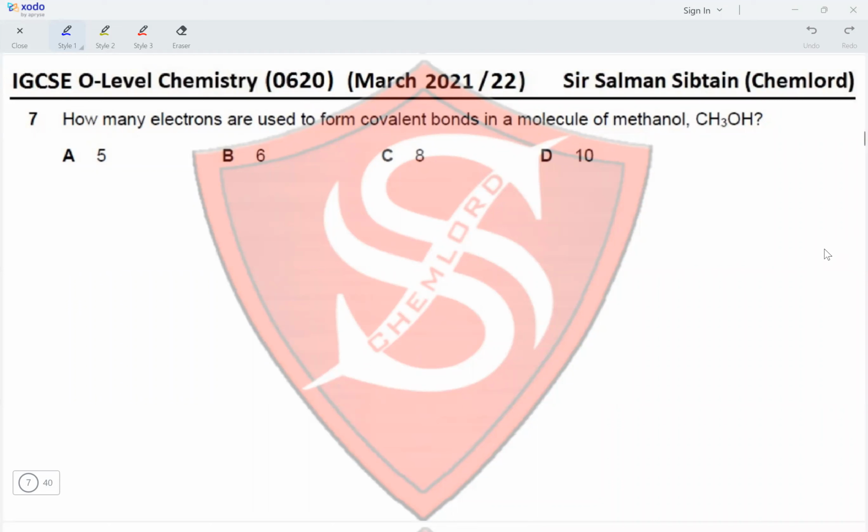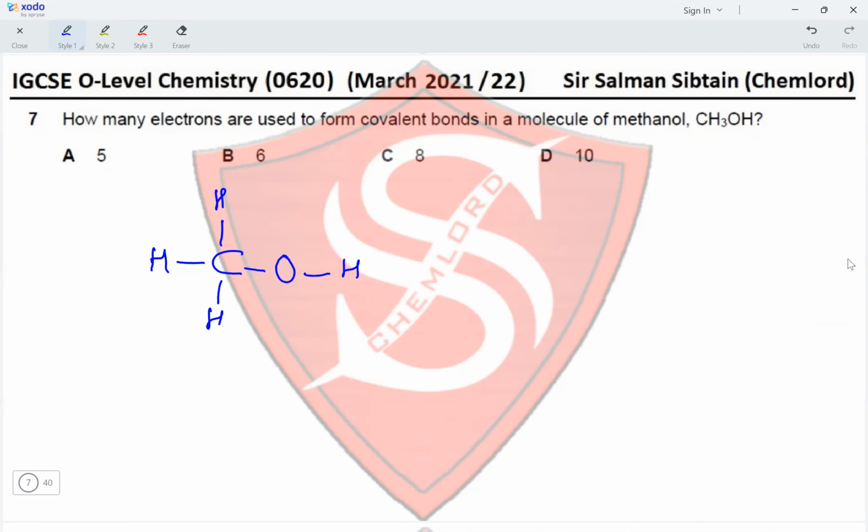Question 7. How many electrons are used to form covalent bonds in a molecule of methanol? So the displayed formula of methanol is C, forming three covalent bonds with three different hydrogen atoms, one covalent bond formed between carbon and oxygen atom, and one covalent bond formed between oxygen and hydrogen atom. So every covalent bond is formed by sharing of two electrons.